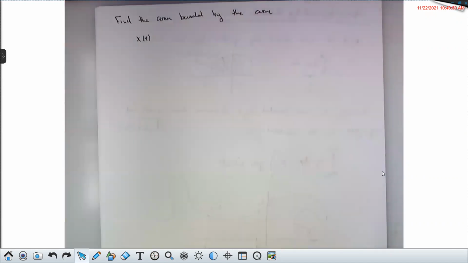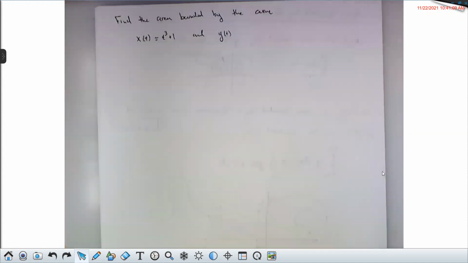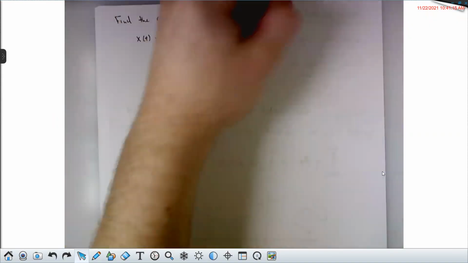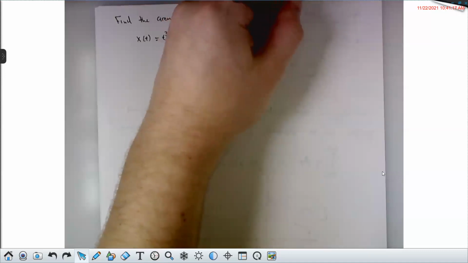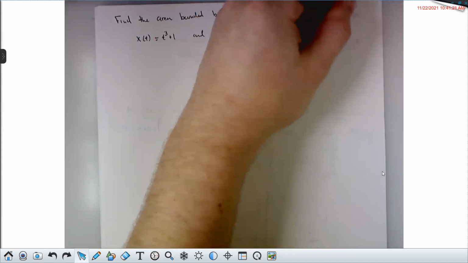Here's how I would put it on a test: x equals t cubed plus 1, y equals 2t minus t squared, from x equals 1 to x equals 9.